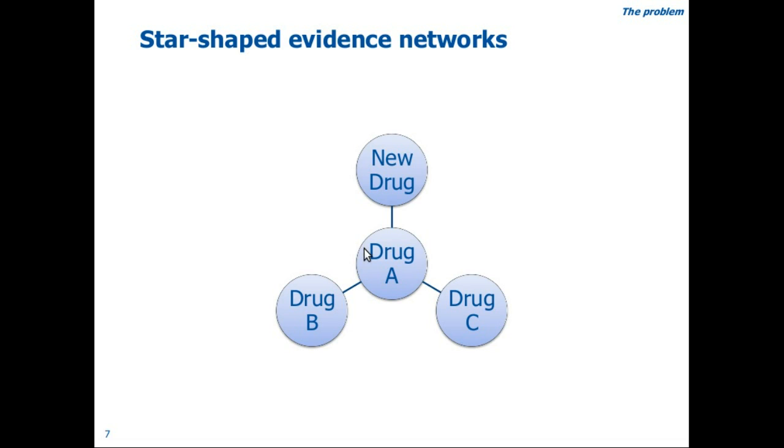But also, you've gone to the effort of doing a trial versus drug A, and you know that drug B already has data versus drug A, so you feel that there should be some information that we can use to compare our new drug to drug B. It might not be as good as a new trial, but we should have some information anyway.